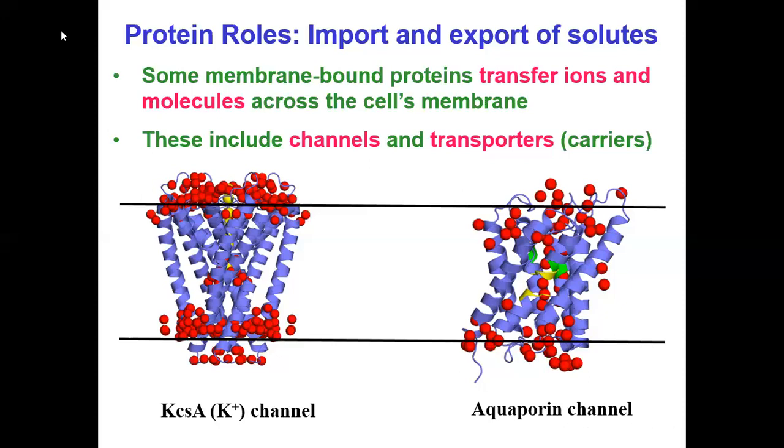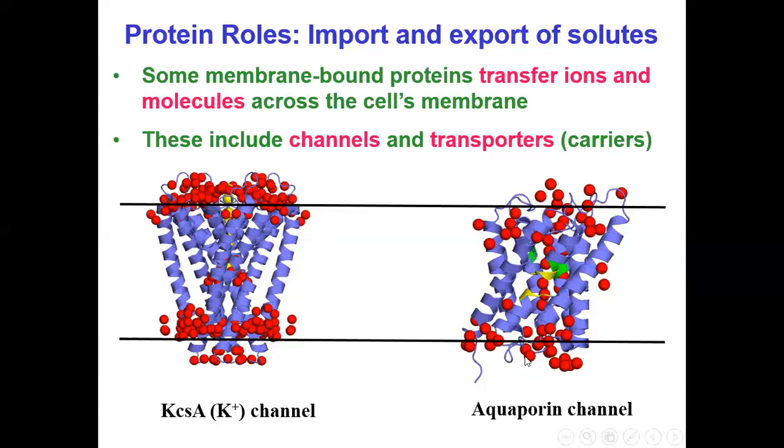Besides channels, we also have another type of proteins called transporters, which we don't see here. Transporters or carriers do not contain pores inside them. What they do is bind the solute on one side of the membrane, change conformation, and release it at the other side.